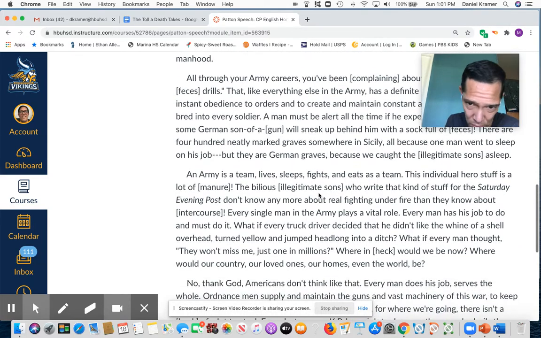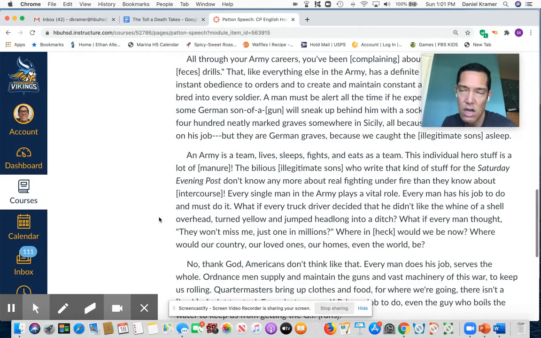But I also want to point out that he's got some legitimate logic. He's also appealing to the military's understanding that we all need to fight as a team, and he gives specific examples, truck drivers and that kind of thing.